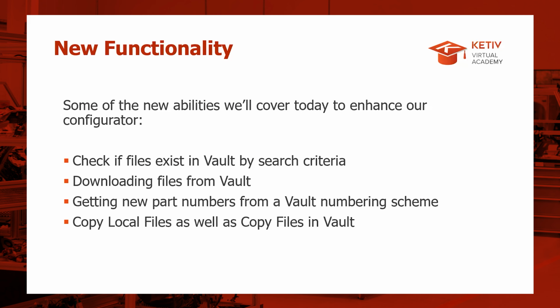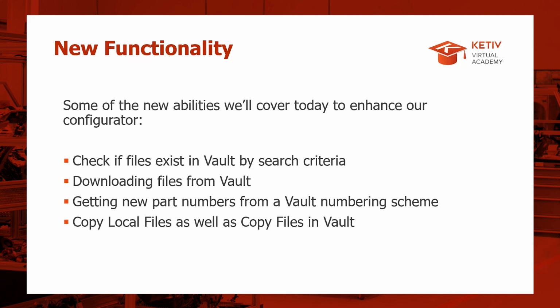All right. So specifically, some of the functionality we're going to cover today is around checking if a file exists in Vault. So as we're running our little configurator here, we're going to set some options that we want, and we're going to see if we already have that model created. If we do, we're going to download it from Vault.